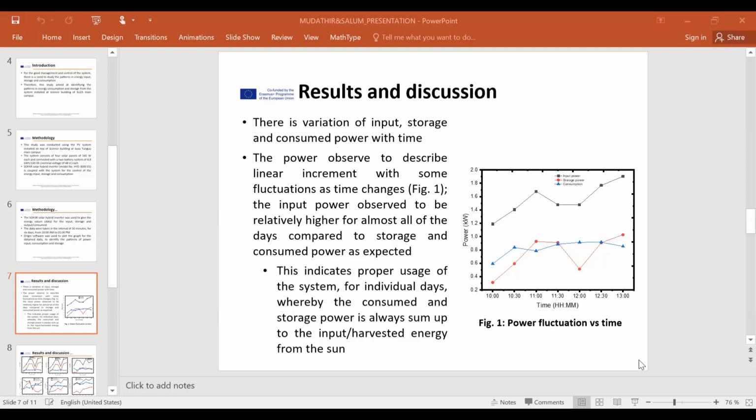The input power, as shown in this graph, is a summation of the storage power and the consumption power. This is the analysis of the data that was collected for all the days.